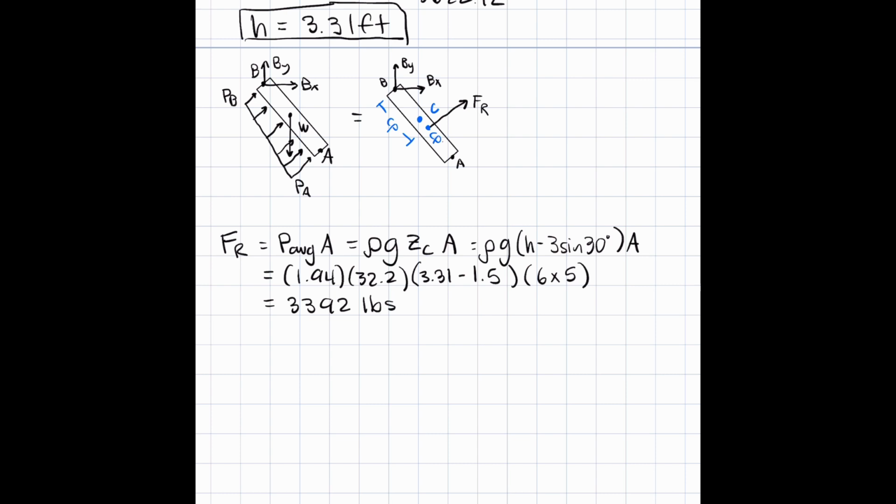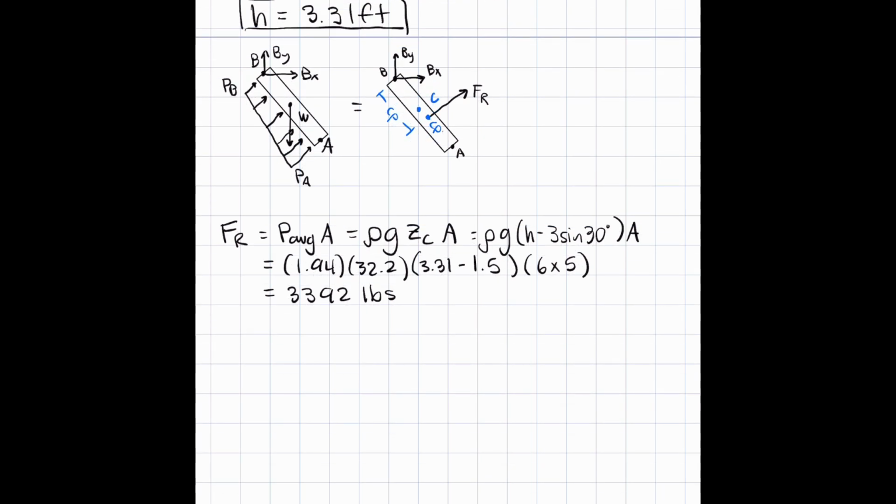But in order to solve the problem, we need to know the point at which it acts, because we need to take a moment balance around it. In order to find that point, we're going to use this formula where delta Cp, center of pressure, is equal to the moment of inertia with respect to the length, divided by the height of the centroid, times the area, times sine theta, where theta is the angle from the horizontal.